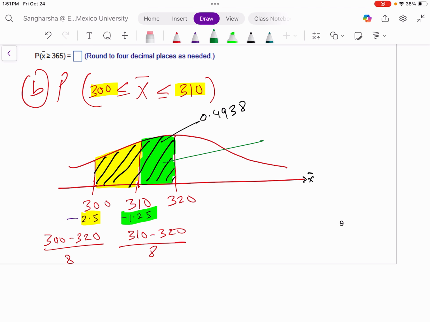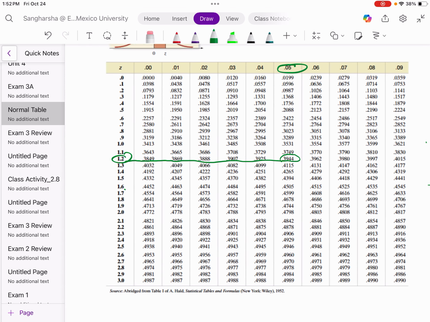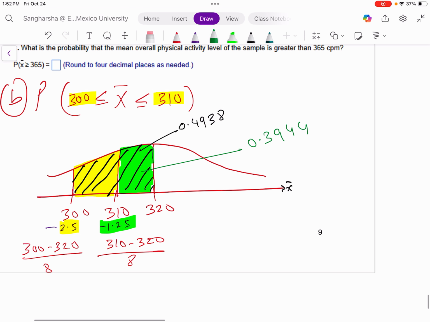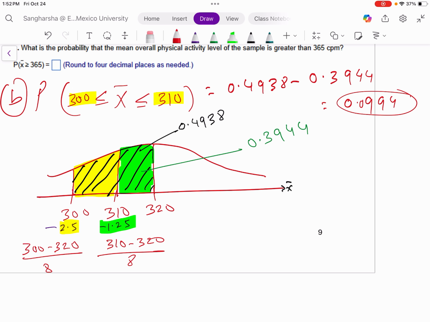So this green is 0.3944. And the difference is the probability, so 0.4938 minus 0.3944 is 0.0994, the final answer.